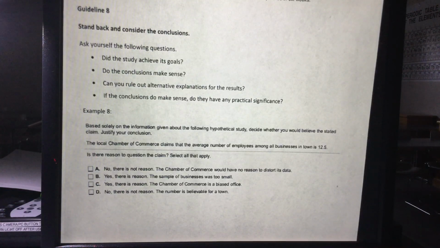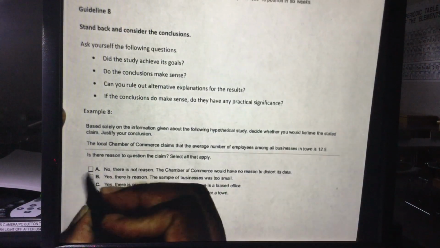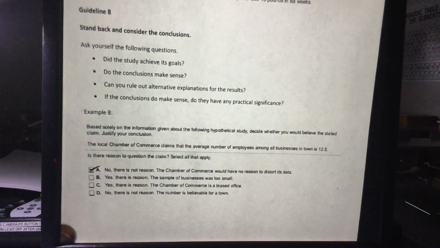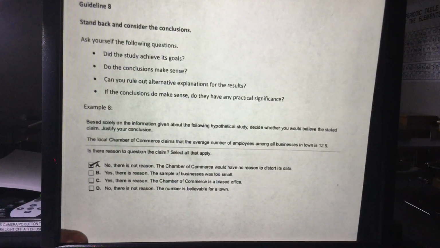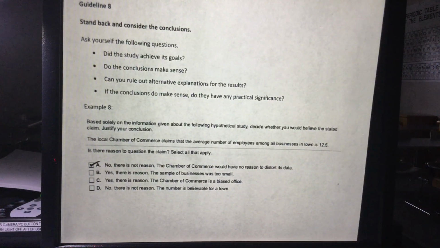Is there a reason to question this claim? In this case, I would say the answer is no, because the Chamber of Commerce would not have a reason to distort its data.